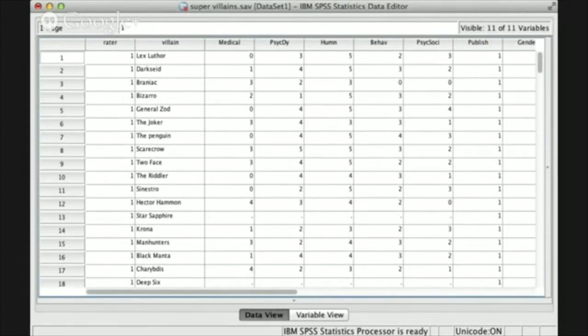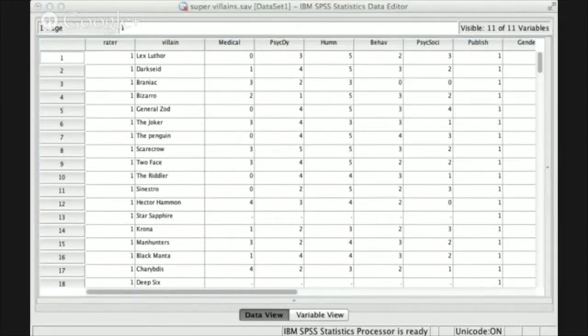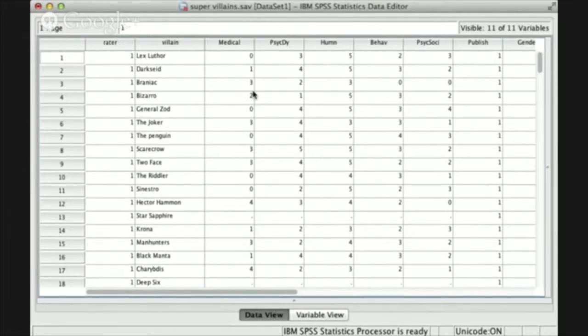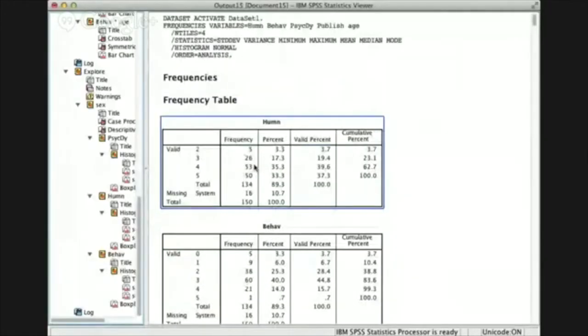Whenever we were going over this data in undergrad, we were really interested in seeing how the villains vary based on the model and also based on the publisher. So which model would DC villains fit into versus Marvel villains?